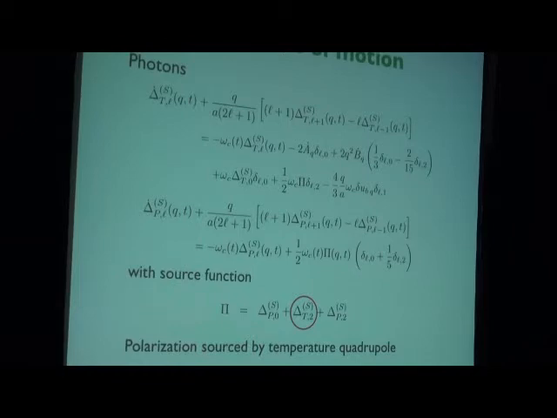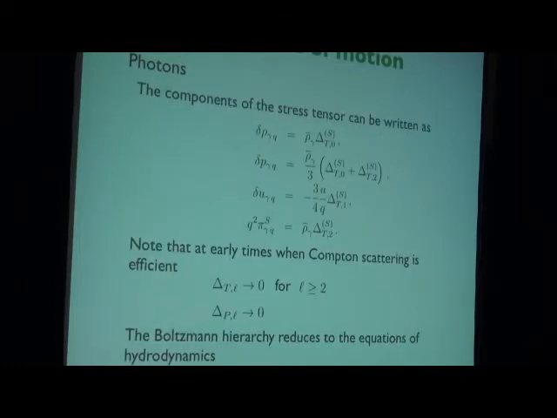And then the dipole also is not sent to 0 at early times, because as we'll see, the velocity potential of the baryons is essentially the same as that of the photons and cancels the one contribution. But otherwise, the higher ones are sent to 0, which means that at early times you get hydrodynamic equations.